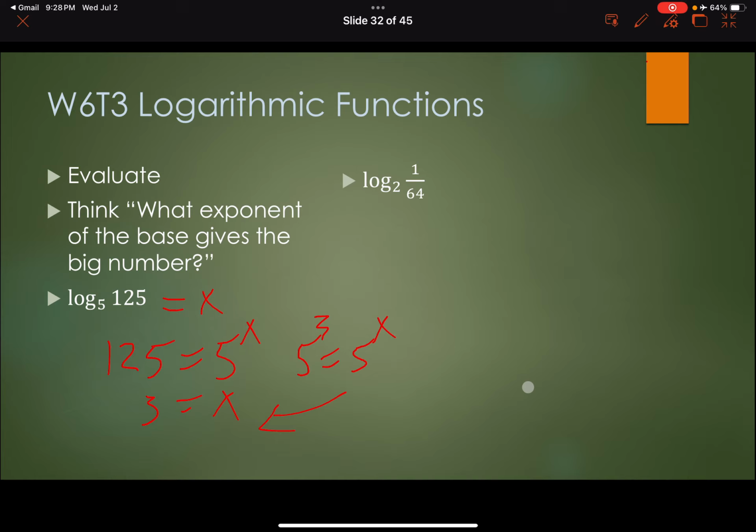Okay, now I'm going to do it. Log base 2 of 1/64, we're going to say that equals x, which means that 1 over 64 equals 2 to the x. So we have to think about 2 to what power?